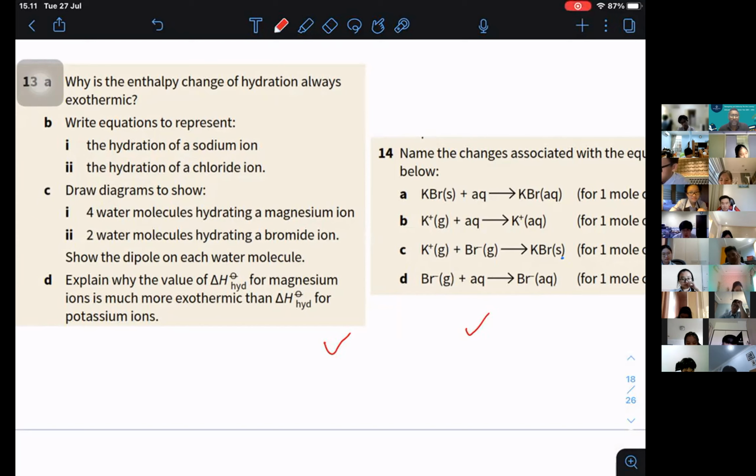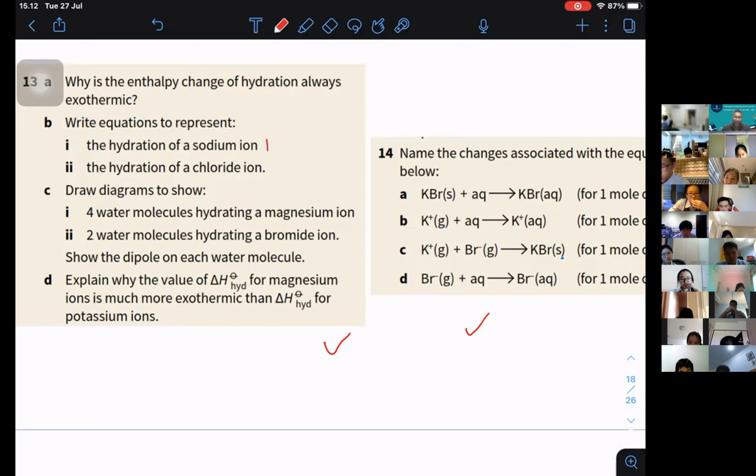But it's okay. You see here, why is the enthalpy change of hydration always exothermic? Because it always involves the formation of bonds with water. Then write the equations to represent the hydration of sodium ion.